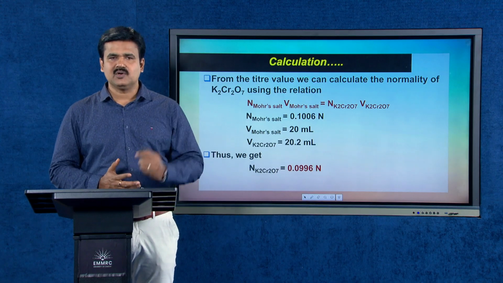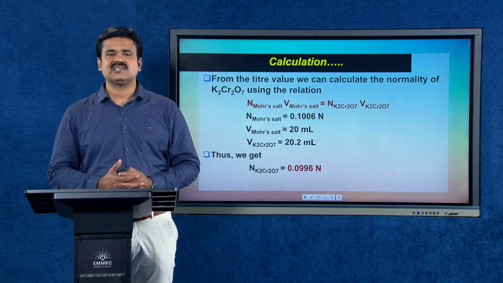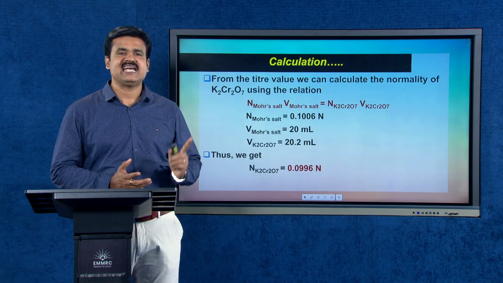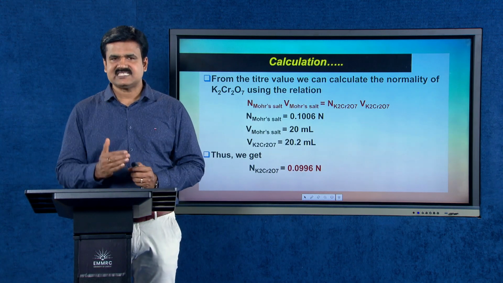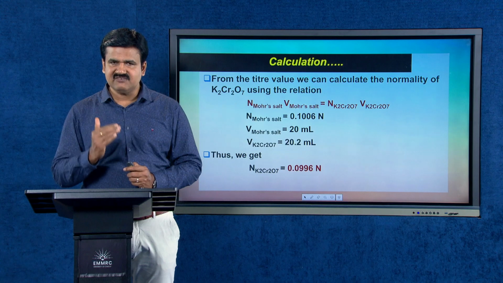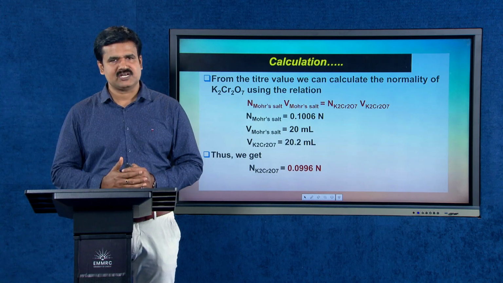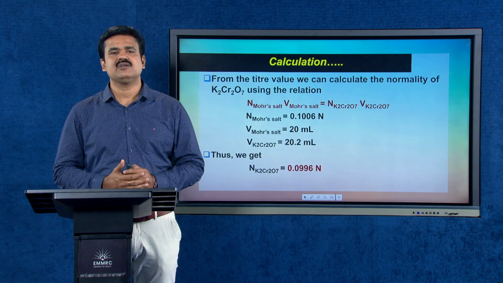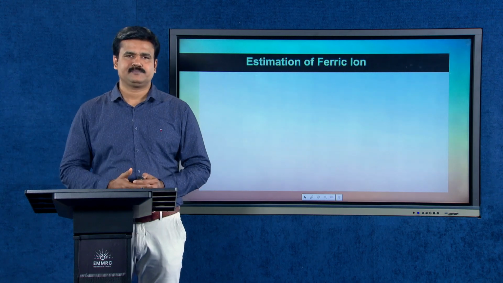Now we got the normality of potassium dichromate equal to 0.0996 normal. This is the normality of the given potassium dichromate solution. By using this, we are now entering into the estimation of the solution.